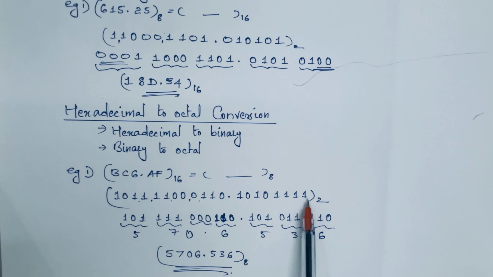To make it a group of 3 bits, we are adding a 0 here, so this will become 110. Then we write the corresponding octal numbers: 101 is 5, 111 is 7, 000 is 0, 110 is 6. After the binary point, 101 is 5, 011 is 3, 110 is 6, so that we get the octal number of the given hexadecimal number.